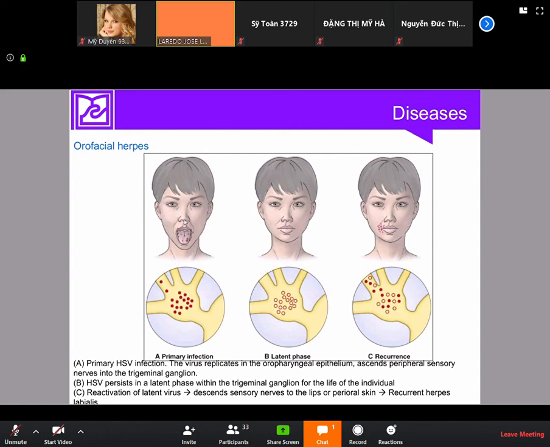After a few days, it disappears and the virus becomes latent. The virus becomes latent inside the nerves. And sometimes the disease may reactivate. When the disease reactivates, it goes again to the mouth, but it's not so severe as the primary disease.